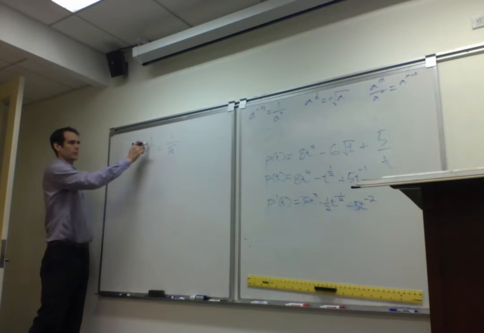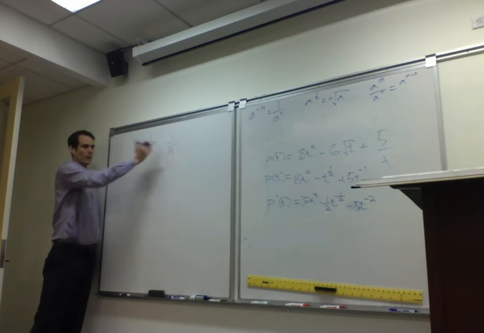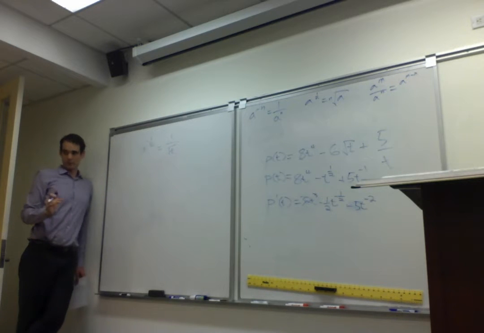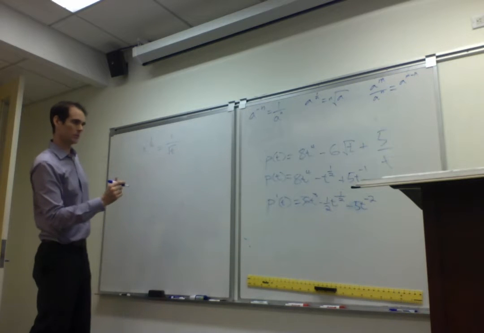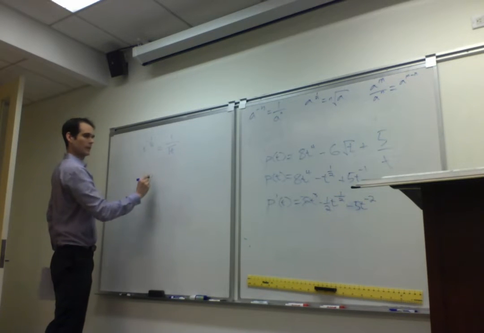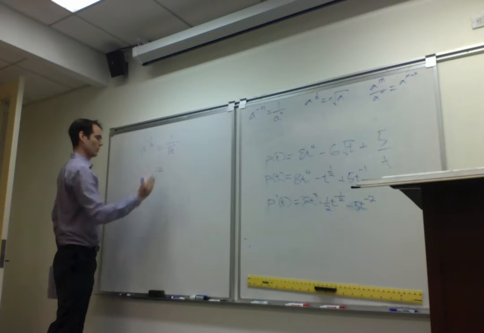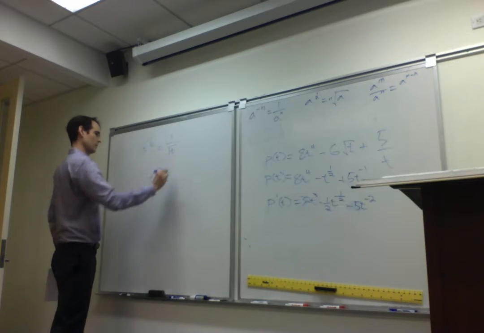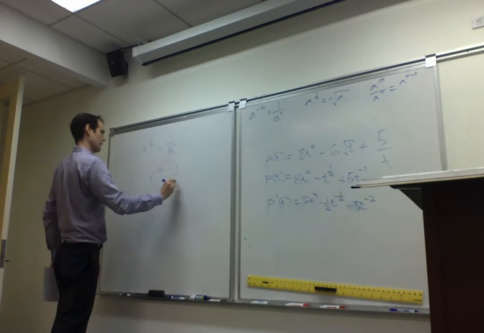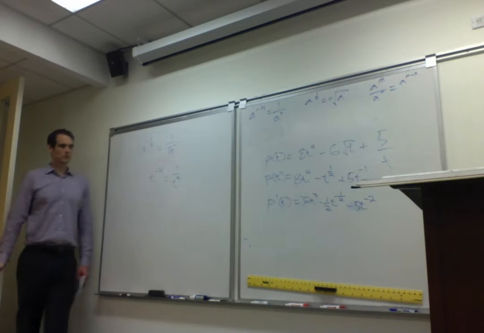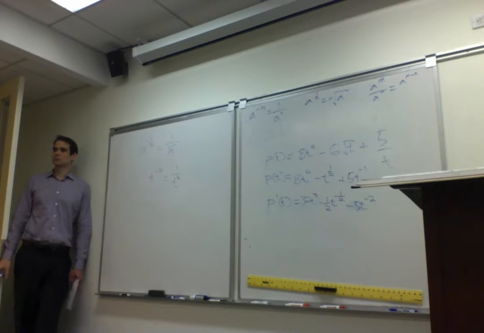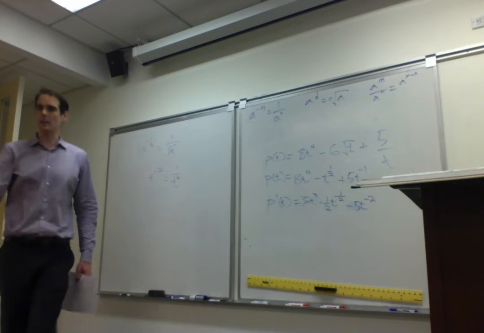Because it's negative, meaning we do 1 over t, and 1/2 means the square root of t. Similarly, t to the -2 equals 1 over t squared.